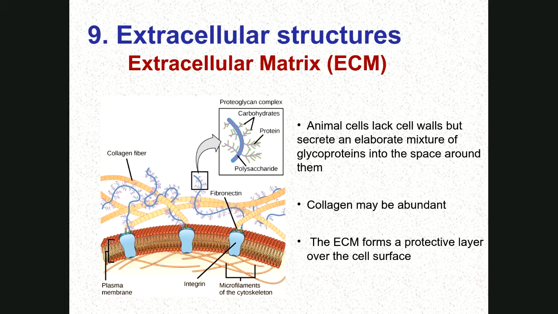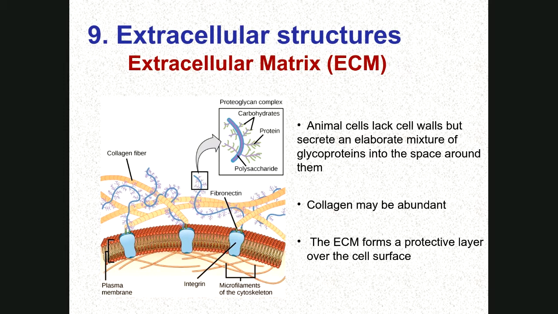And we have this proteoglycan complex, which is a protein with the carbohydrate, the polysaccharide, which is the one that is purple over here. We call that proteoglycan complex. It's protein plus a lot of sugar around it.